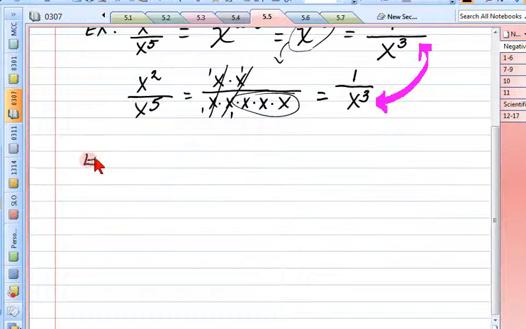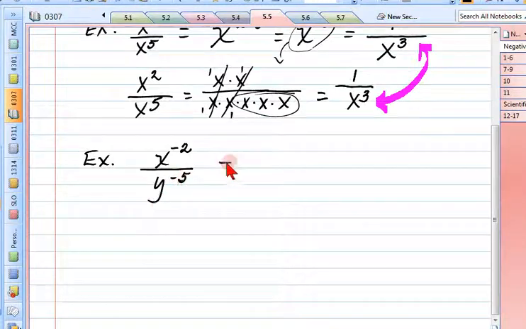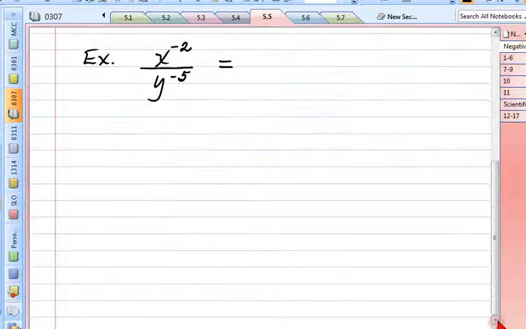I want to look at just a couple of other quick things before we start looking at the math lab questions. If you have x to the negative 2 over, say, y to the negative 5. Now, I can't use the quotient rule because those are not like bases. One of them's an x and one of them's a y, so I can't do that subtraction of exponents.